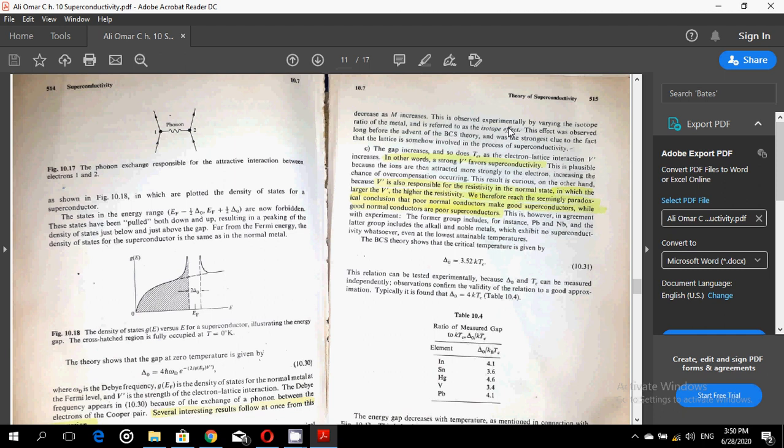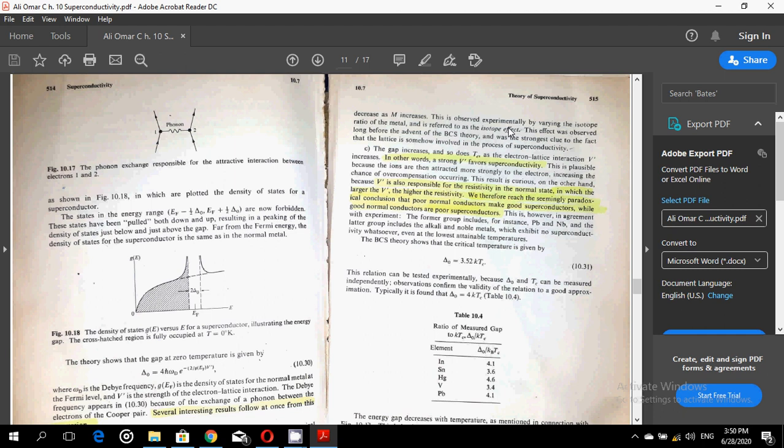So several interesting results follow at once from this expression. So far was the introduction of the BCS theory. Now let us discuss the various characteristics of the superconductor using this theory.